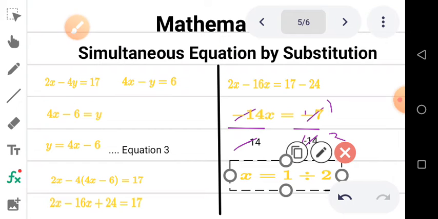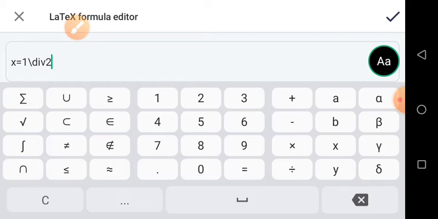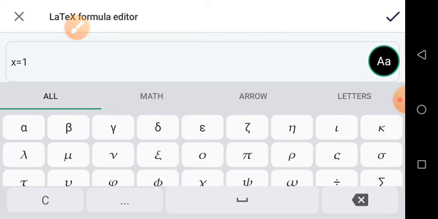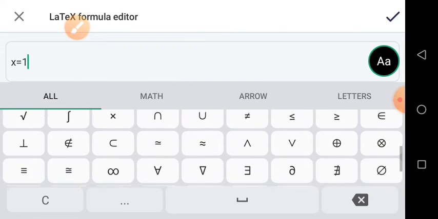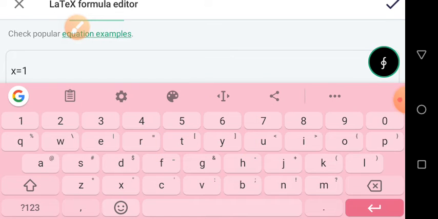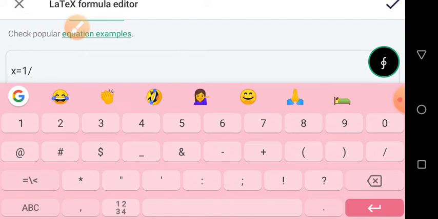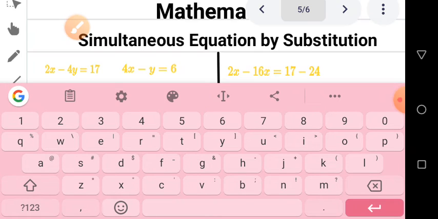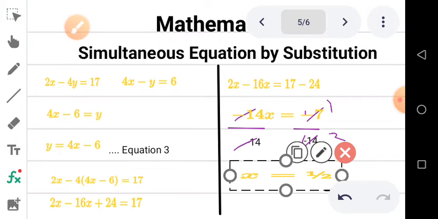So x equals 1 over 2. Fantastic, so that's our x.